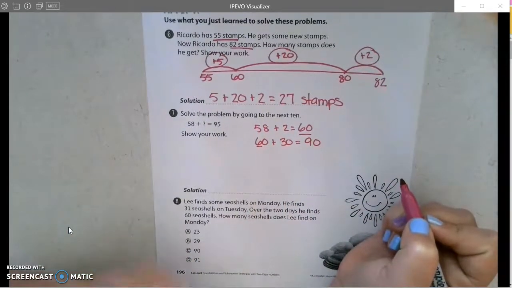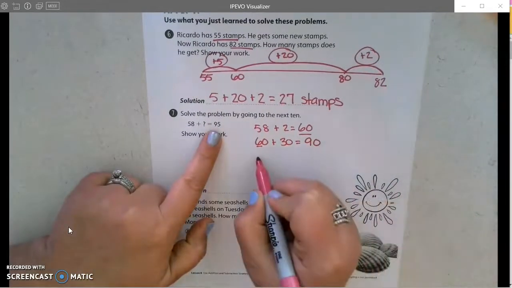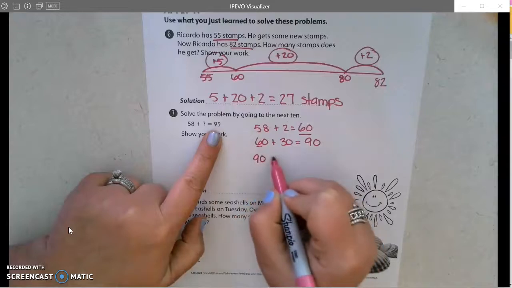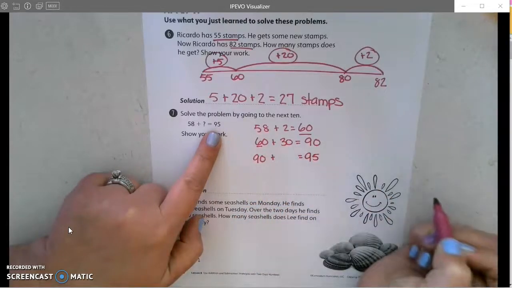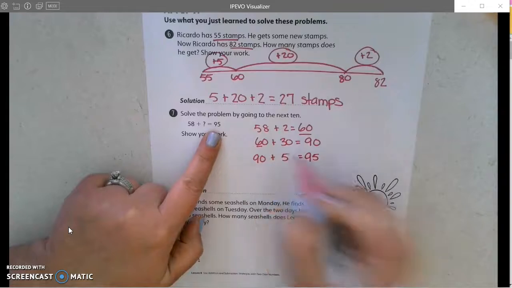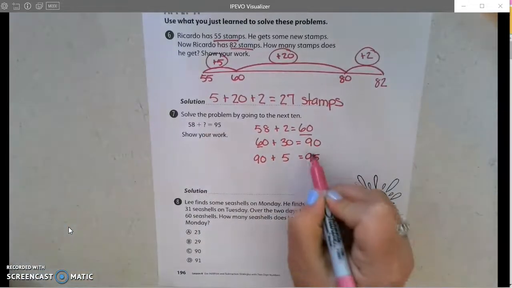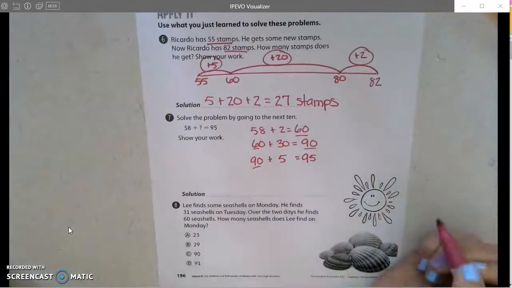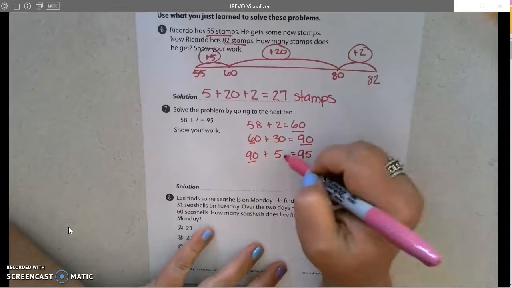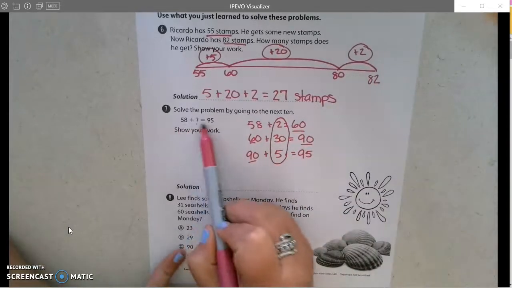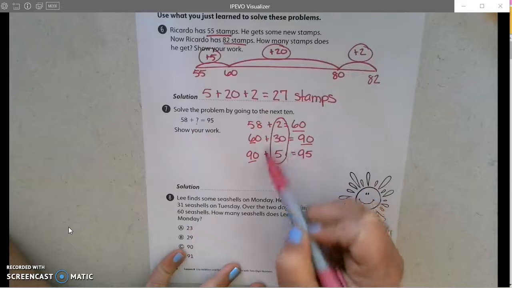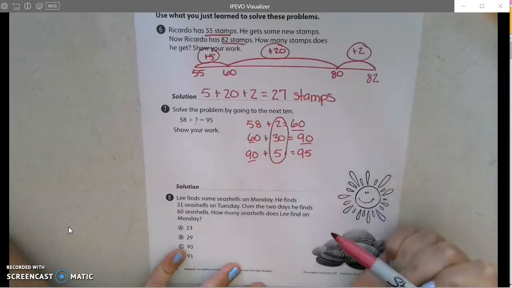That gets me closer. I still have to go to 95. So 90 plus what equals 95? Well, 90 plus 5, right? So this is here. Now my answer of 58 plus what equals 95 are these numbers here.